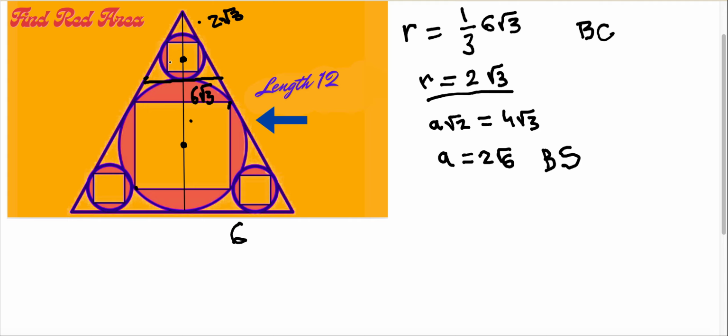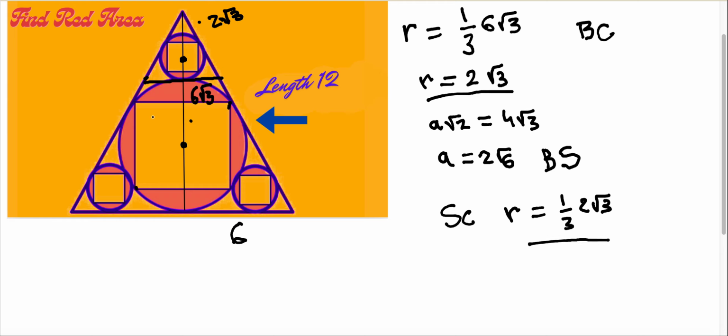And now for the smaller circle, the radius is going to be 1/3 times 2 square root of 3. So this is going to be the radius of the small circle.